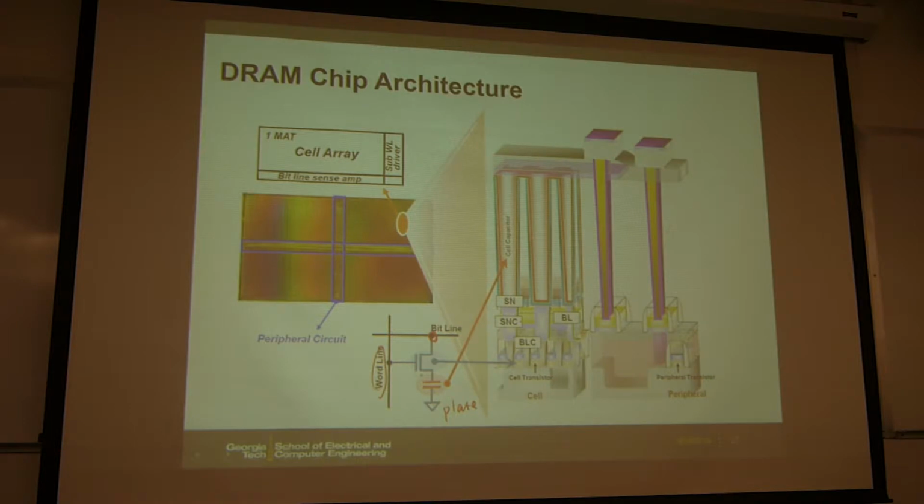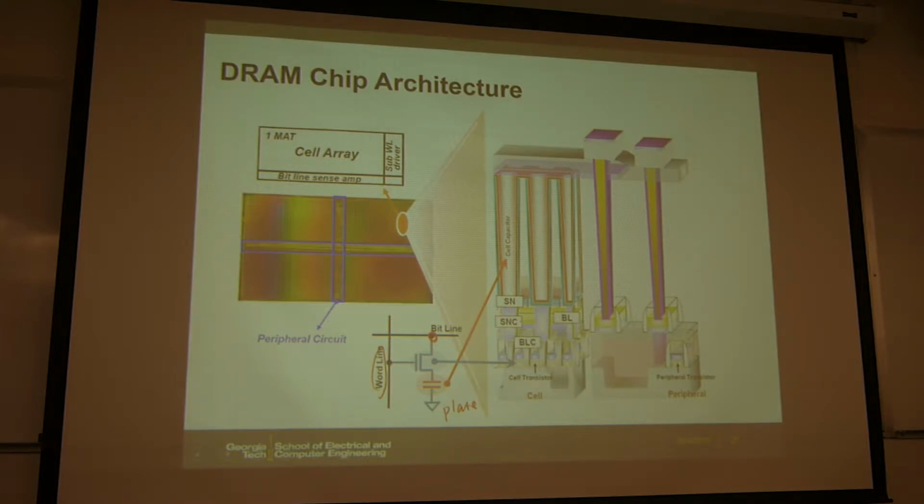And if you look at this, the circuit schematic is very simple: one transistor, one capacitor. But actually, on the chip, the 1T1C structure is quite complicated. It's not as simple as you may think. So here, this is the schematic for this 1T1C. Can you say where is the T, where is the C? Any idea?